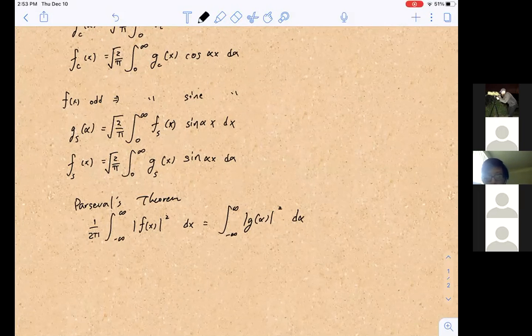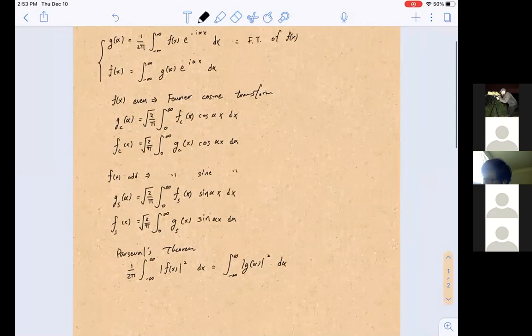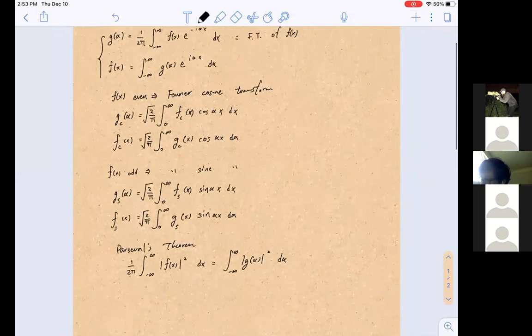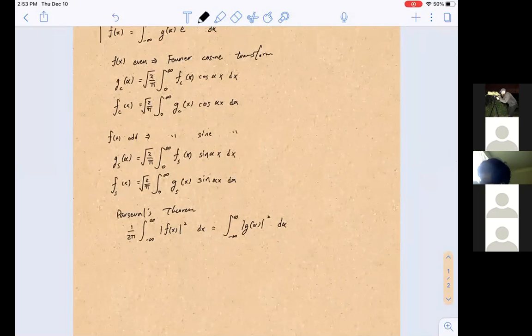So that's it. I think this is straightforward. You just plug in functions and you do the transform.